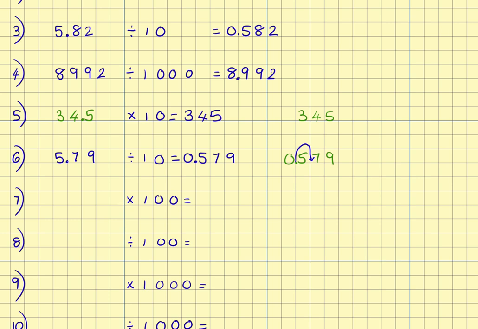Okay, so let's have another go here. So we're now doing the same thing, but we are multiplying by 100. So 37.64 is what we're left with. But this number has been multiplied by 100. So let's see if we can work out what it started with. So 37.64. My decimal point is here. Now, this was 100 times smaller before when it started because it's been multiplied by 100.